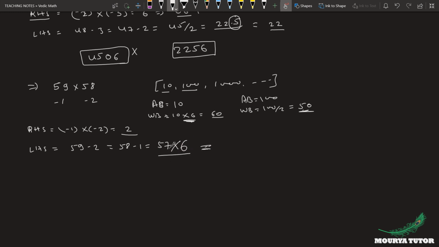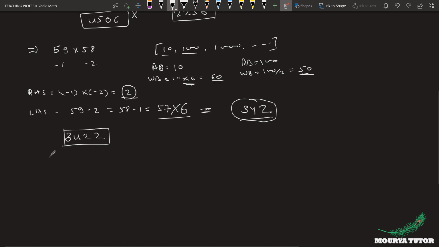So after multiplying you will get 34, correct? You will get this after multiplying these two numbers. This is the right LHS and this is the right RHS. Now after finding these two LHS and RHS, we need to write these two numbers together. 3422. This is the multiplication answer of these two numbers.